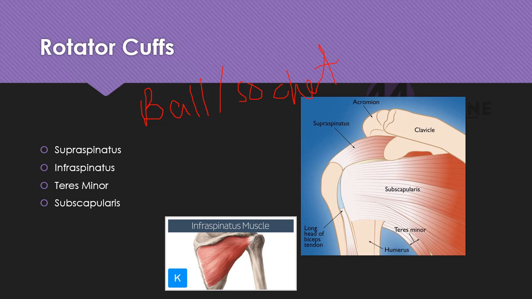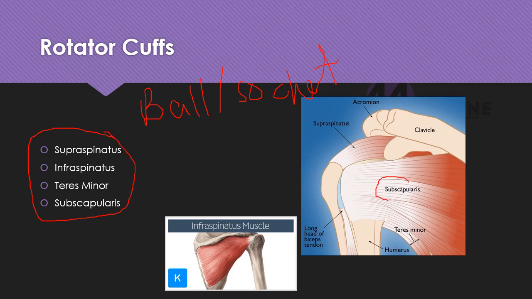Since the mobility around your shoulder joint is much more than your hip joint, in order to compensate that mobility, this joint is highly unstable. So to keep that humerus head inside the joint, these muscles are present. So they are called rotator cuff muscles.